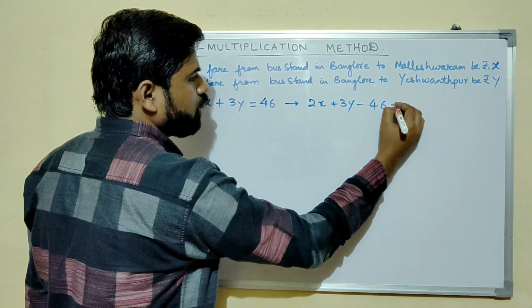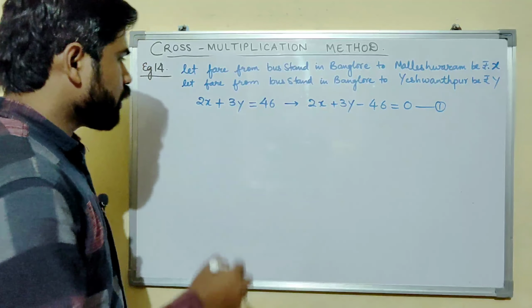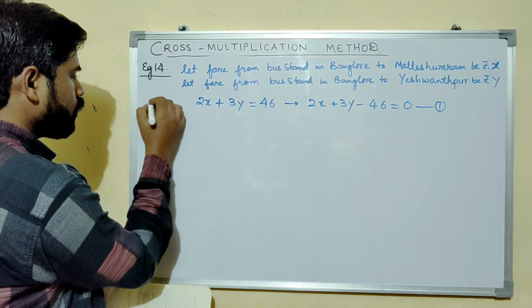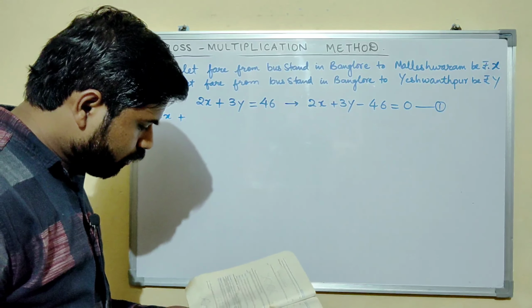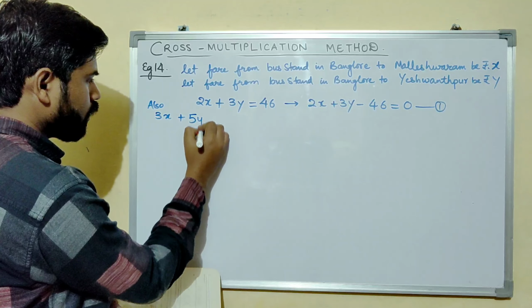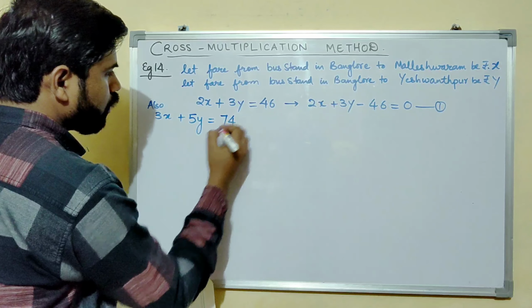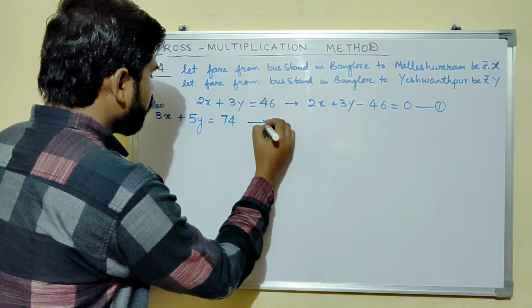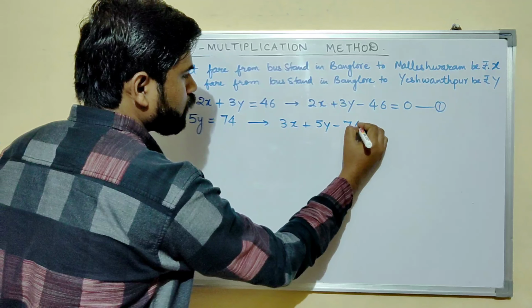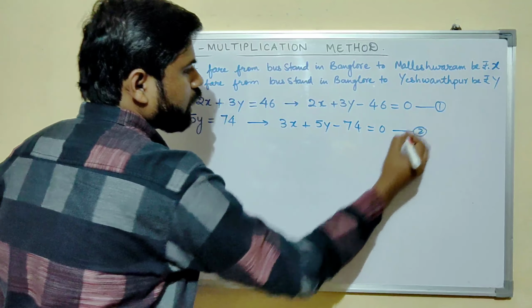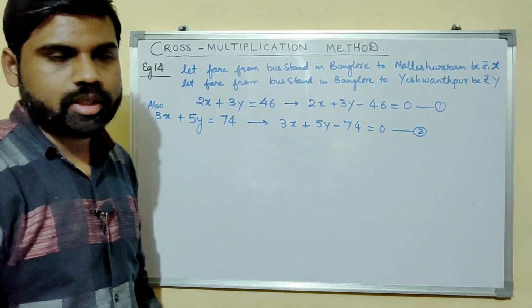And then the second situation is, if you buy 3 tickets to Malleshwaram and 5 tickets to Yeshwantpur, the tickets will cost 74 rupees. So the standard form will be 3x plus 5y minus 74 equals 0. This will be the second equation. Now we have to simplify this by using the cross multiplication method.